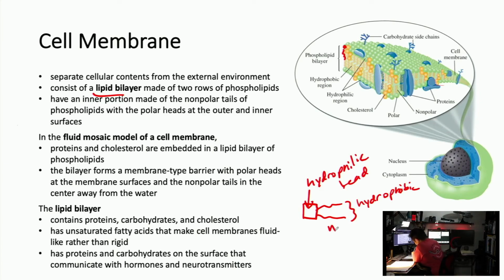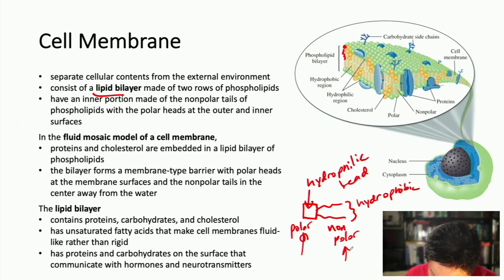What does that mean? Well, these are nonpolar on this end, and these are polar on this end. Which means that it likes to be around water on this side, and it hates to be around water on this side, right? So naturally then, these phospholipids will arrange themselves so that the polar side is facing towards the water.